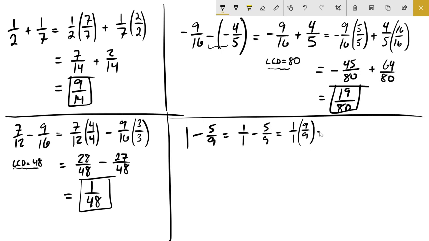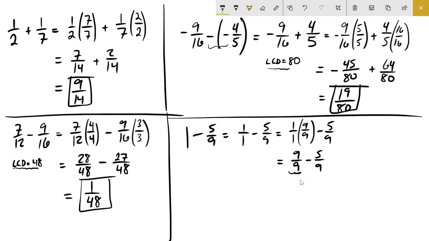Yeah, that's just going to become 9/9. 1 is the same as 9 over 9. Okay, so you just treat it like a fraction, put it over 1, then just give it the denominator it needs. It's easy because the common denominator is just going to be whatever the other one is, if you have a whole number and a fraction. So you just bring it up to nines. 1 is obviously 9/9, right?